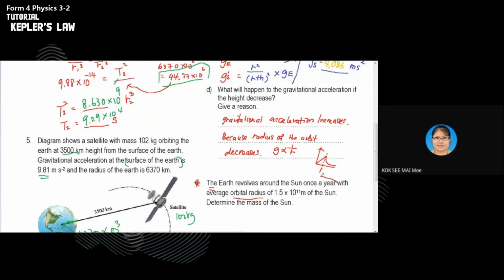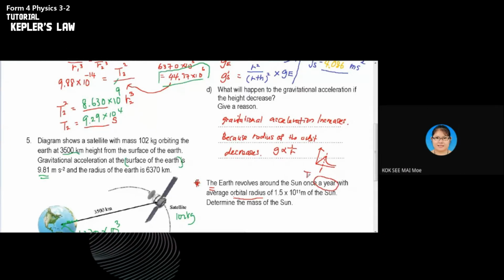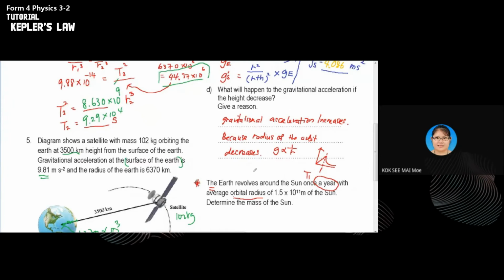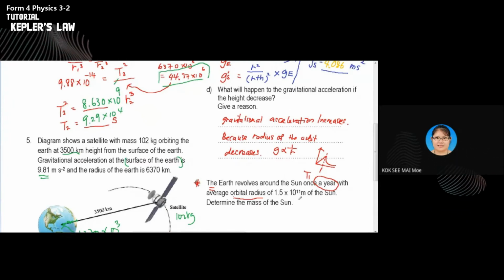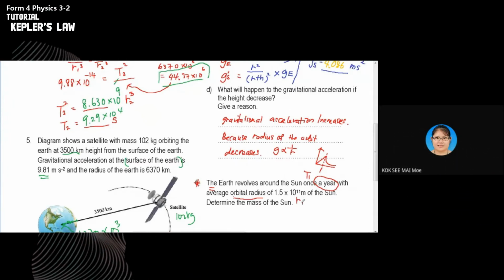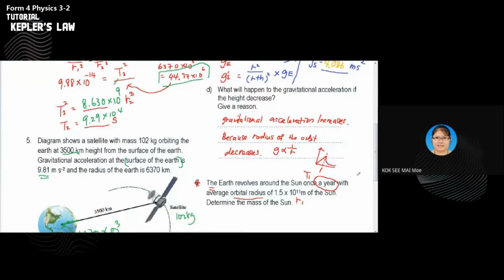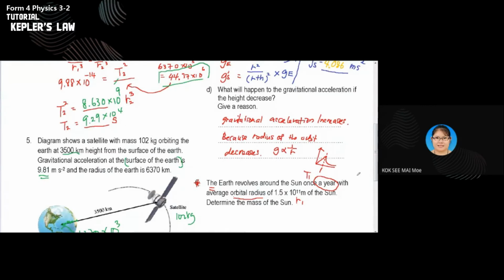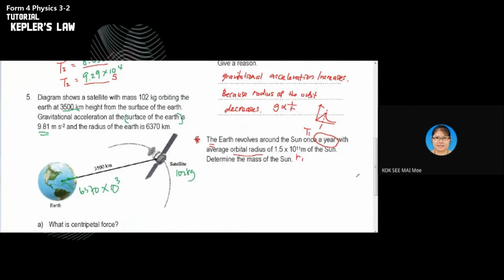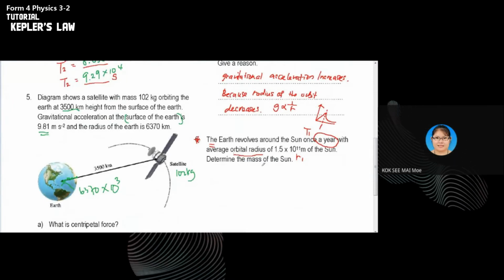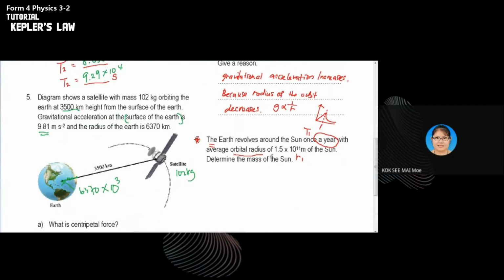Okay, first they told you a year, T1, with the average orbital radius R1. Determine the mass of the sun. Okay, we know the time, we know the R. We need to find the mass of the sun.